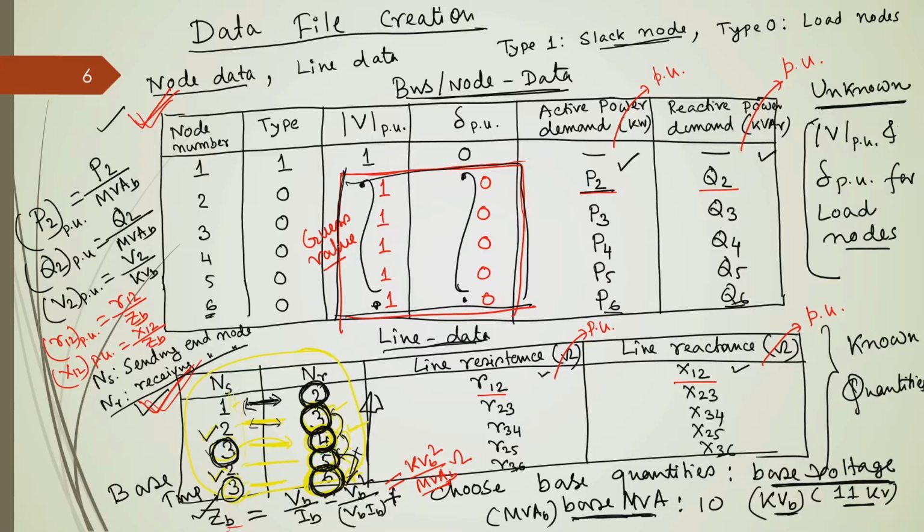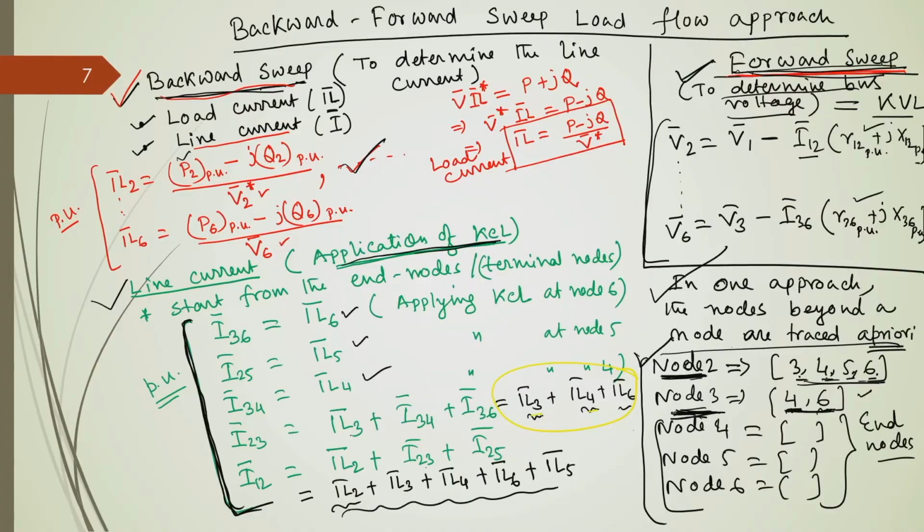here our goal, as I said, is to determine the bus voltages in an iterative way. Initially, we take a guess value, that is a flat voltage guess. We consider initially that all node voltages are equal to 1 per unit. And after performing the forward step, the voltages are updated, so voltages will no longer be 1 per unit.